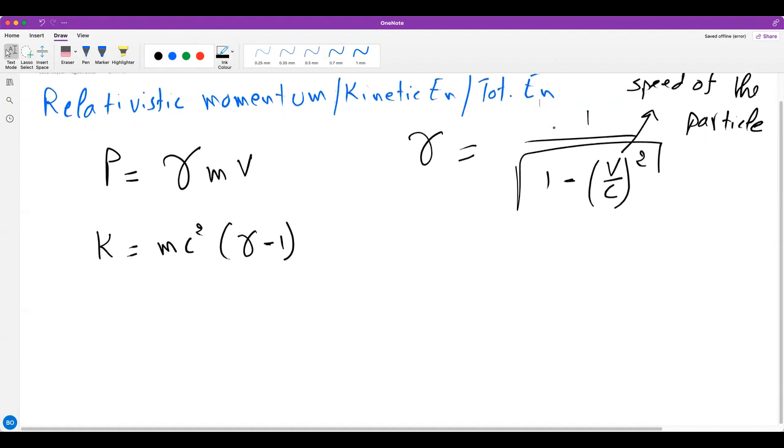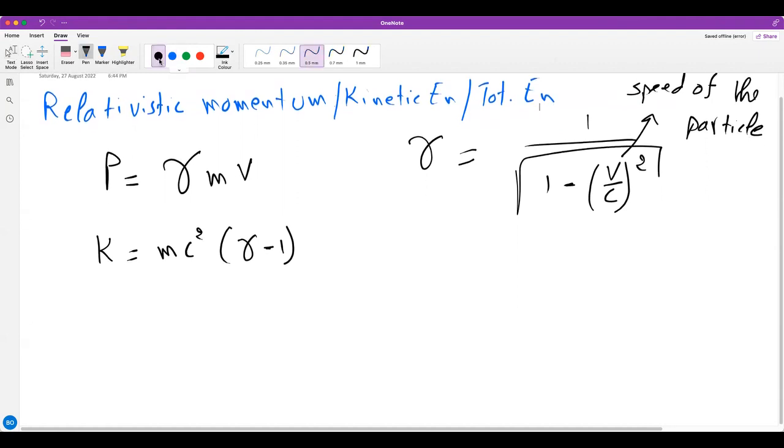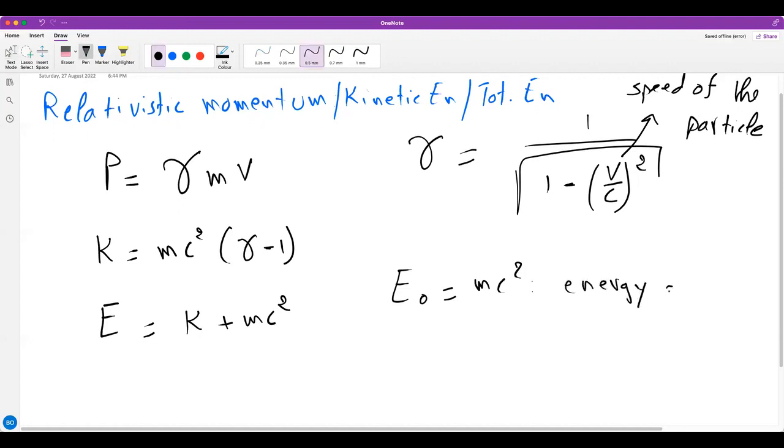The total energy will be equal to the kinetic energy plus mc squared, and for that we define a quantity equal to mc squared, which is called the energy at rest.